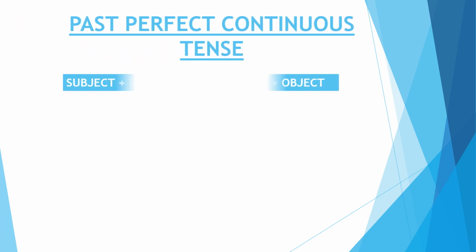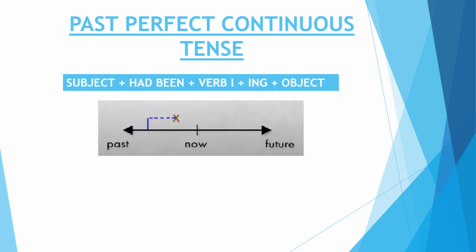Coming to the past perfect continuous tense, you can see on the timeline that it indicates an action in the past that took place before another time or event in the past and continued during the second event or time point in the past.